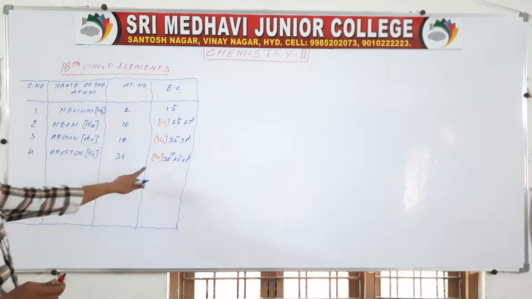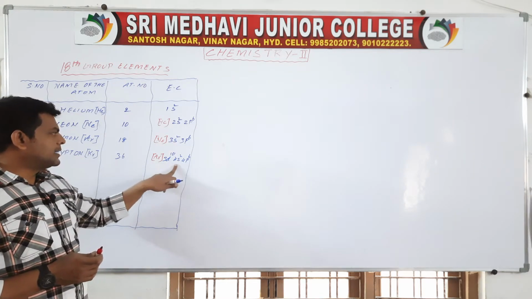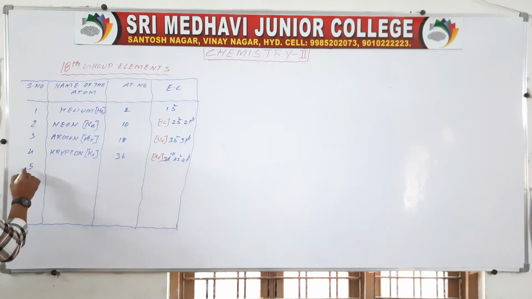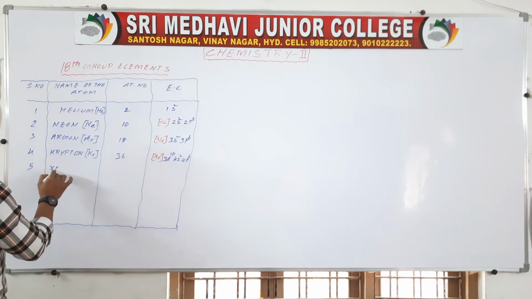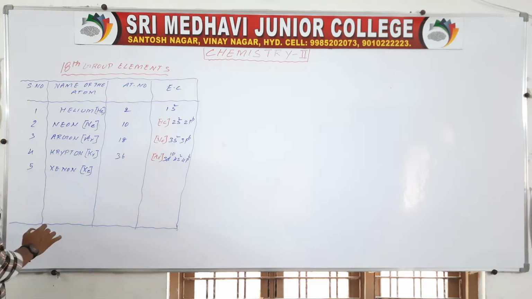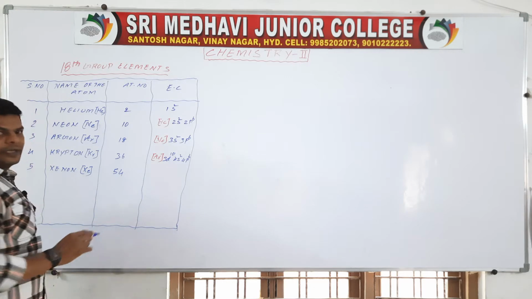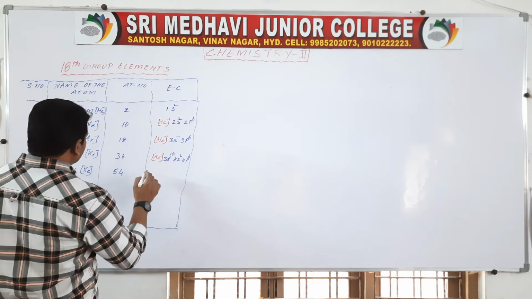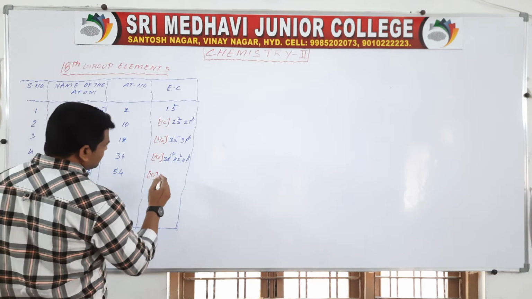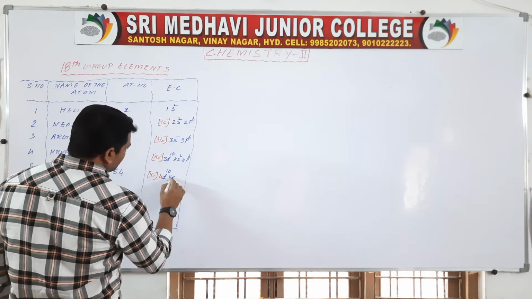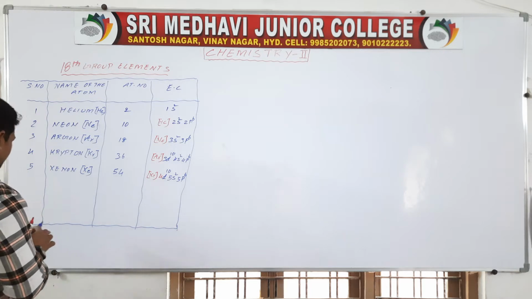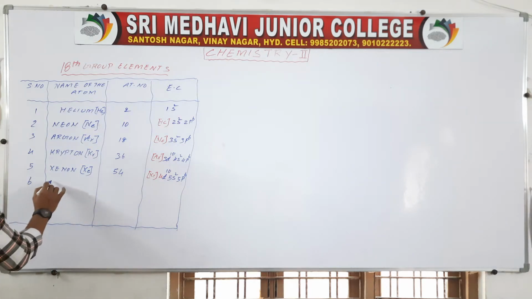Then fifth one is xenon, symbol Xe, atomic number 54, electronic configuration krypton 4d10 5s2 5p6.